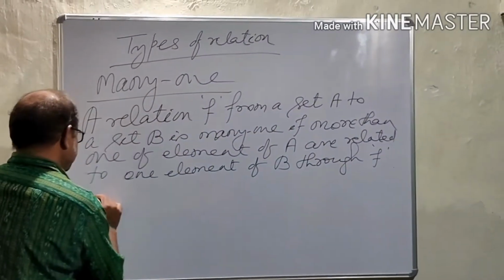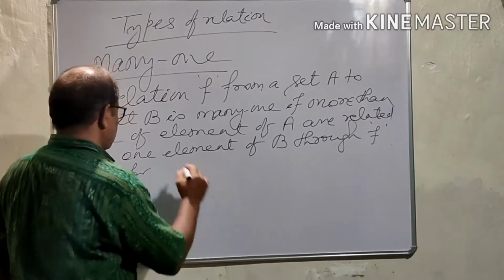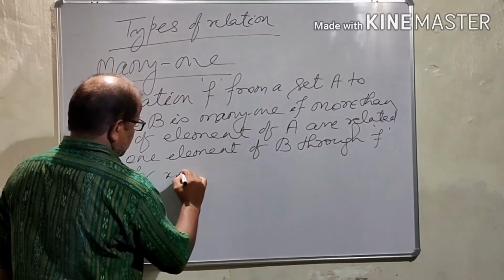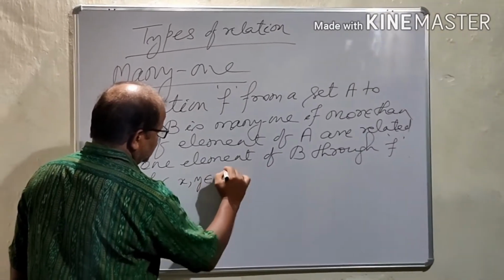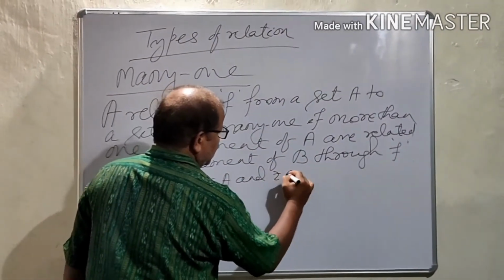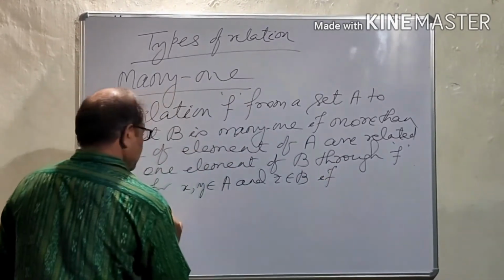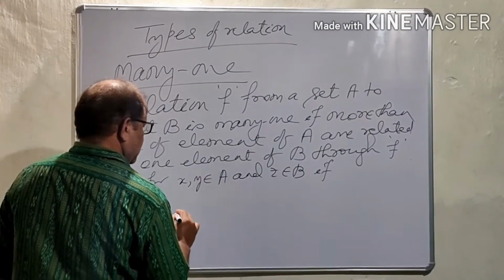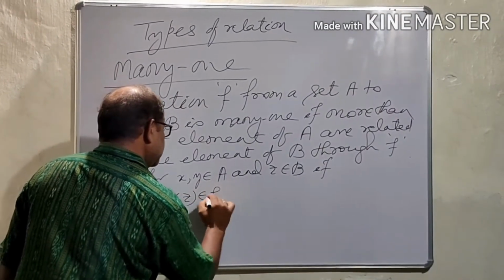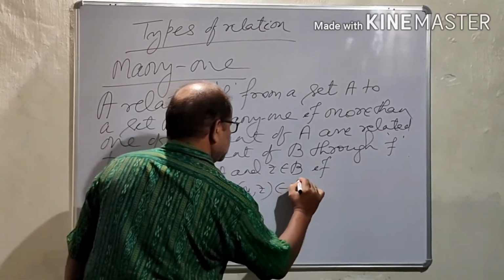That is, for x, y belongs to A and z belongs to B, if x is related to z and y is also related to z.